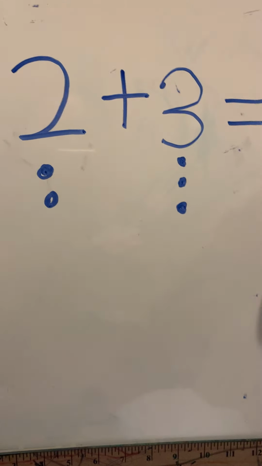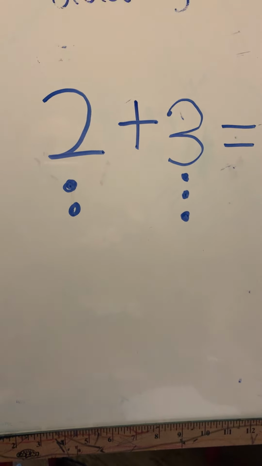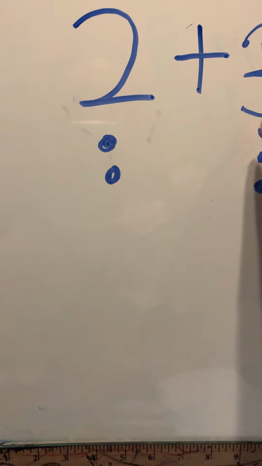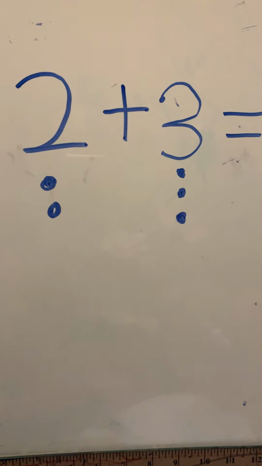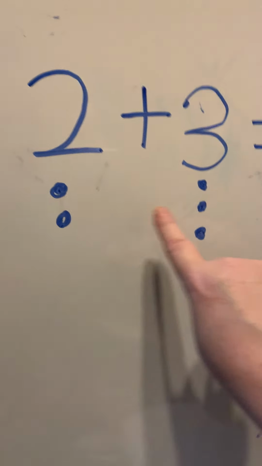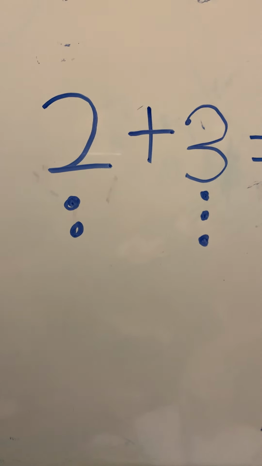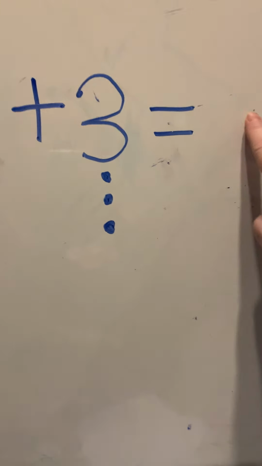But to get our answer or our solution, we're going to get those combined. So we're going to count all of them together. 1, 2, 3, 4, 5. Sorry, I didn't have the camera correct. 1, 2, 3, 4, 5. So we know that 2 plus 3 equals 5.